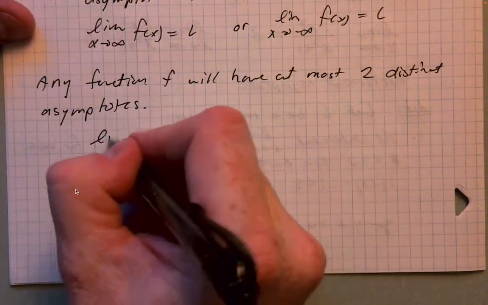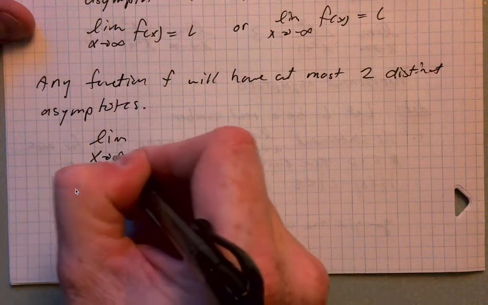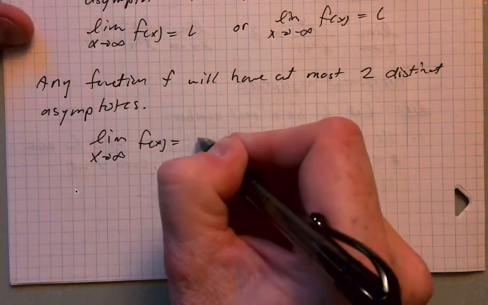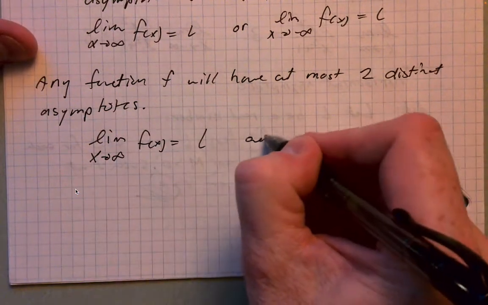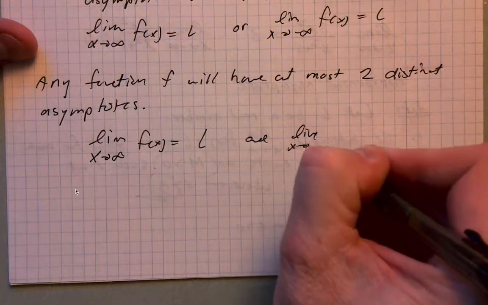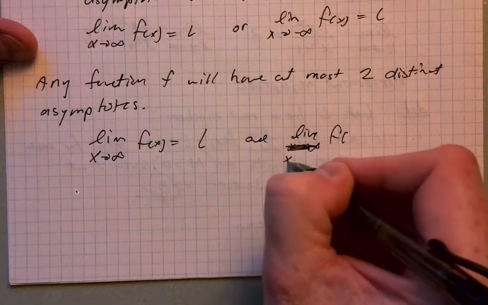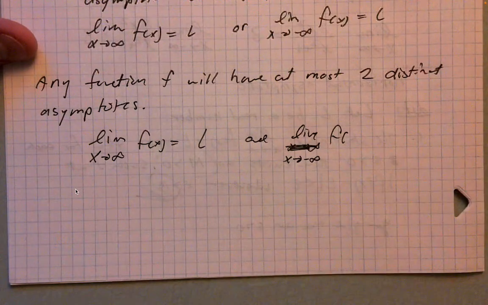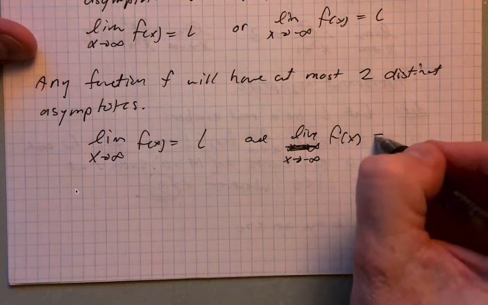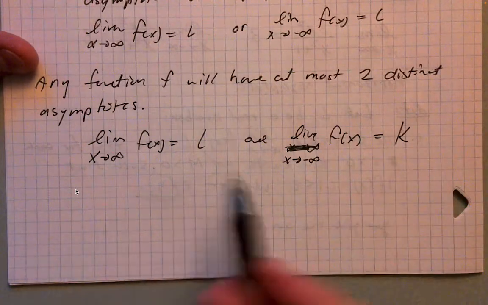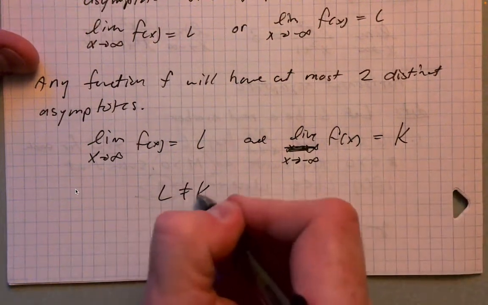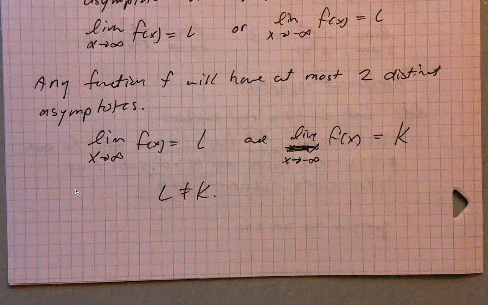It may be the case that the limit as x approaches infinity of f of x equals L, and the limit as x approaches negative infinity of f of x equals K, so L not equal to K. That happens quite often as well.